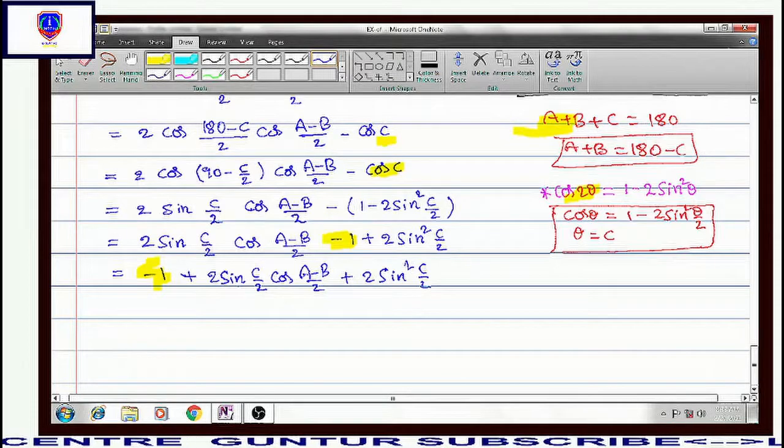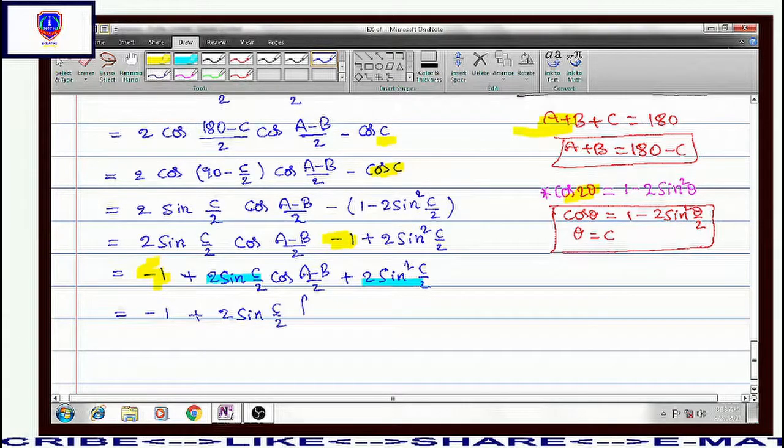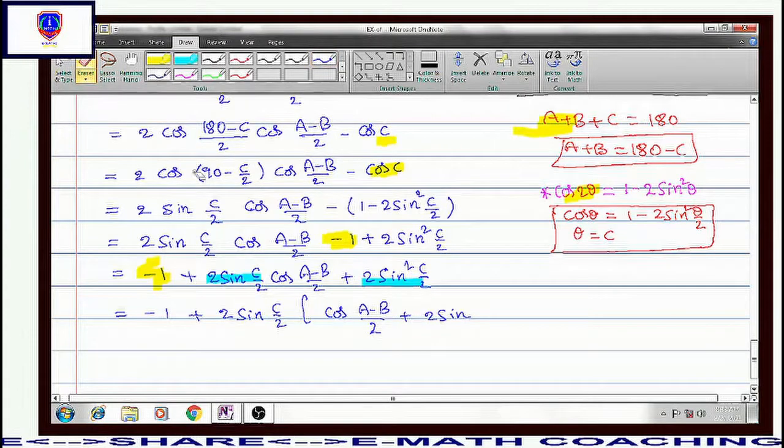Take a look at the last two terms. Both have the common factor 2 sine C by 2. Taking 2 sine C by 2 common, we have cos of (A minus B) by 2 plus sine C by 2; there is no 2 here because we already took that 2 as a common factor.